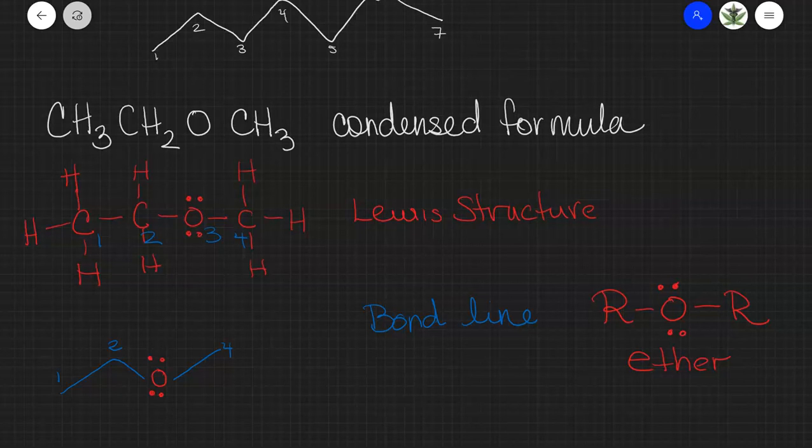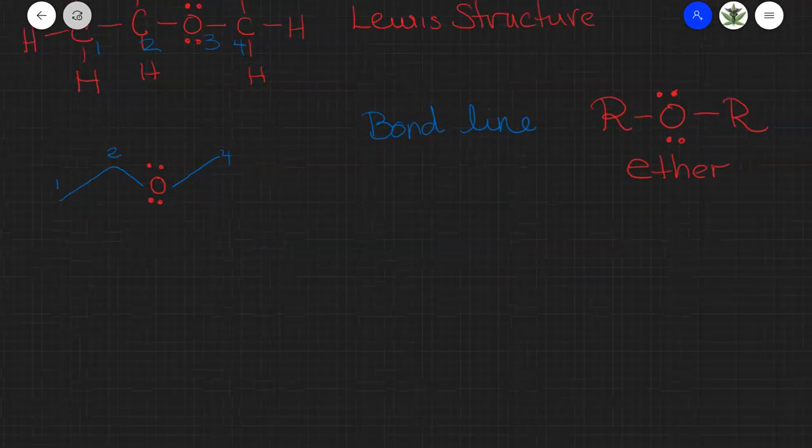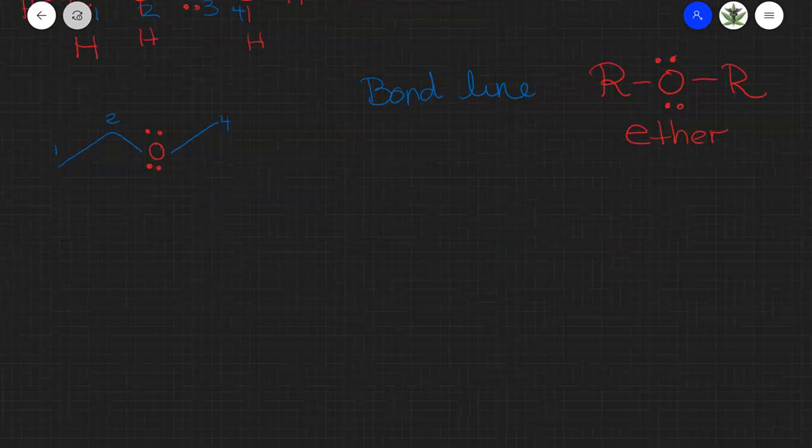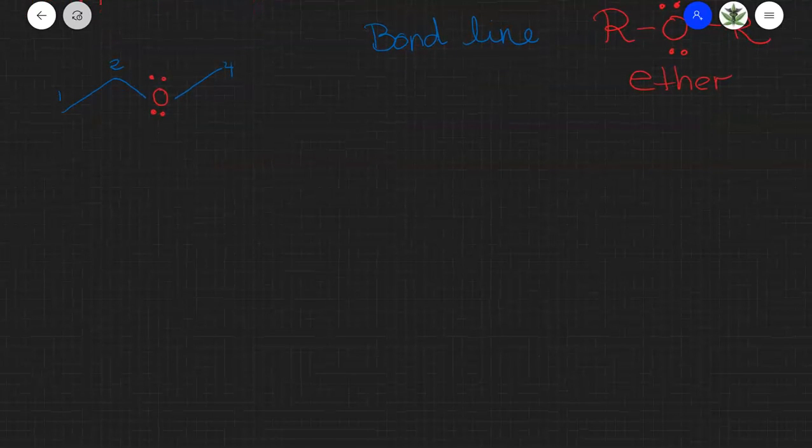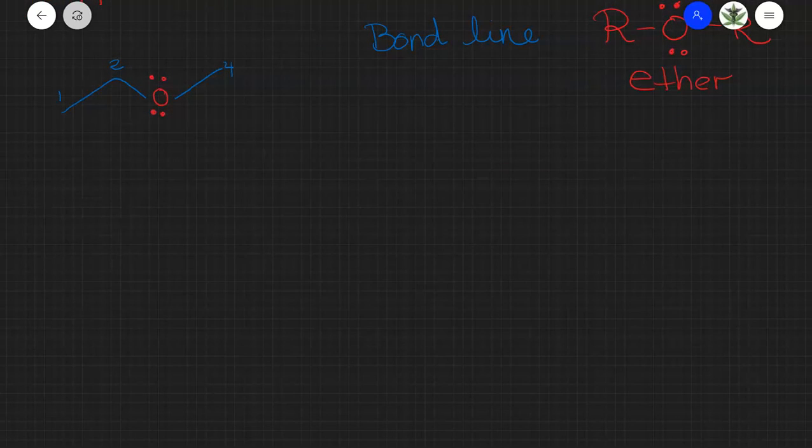So let's try another example. Let's do a cyclic system. So here we have a 6-membered ring and we just have lines.